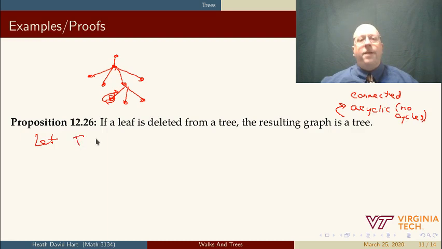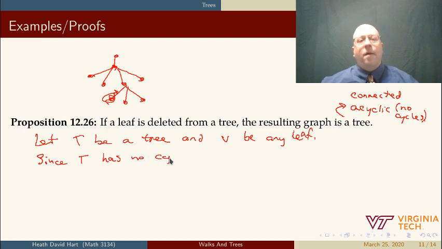Let T be a tree, and V be any leaf. Since T has no cycles, T minus V also has no cycles. Right?